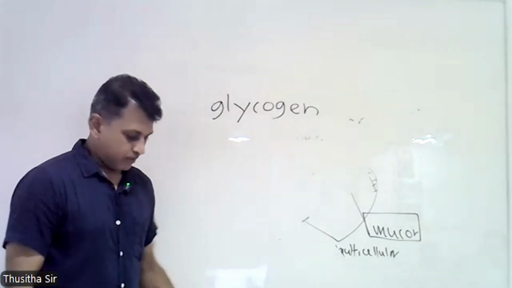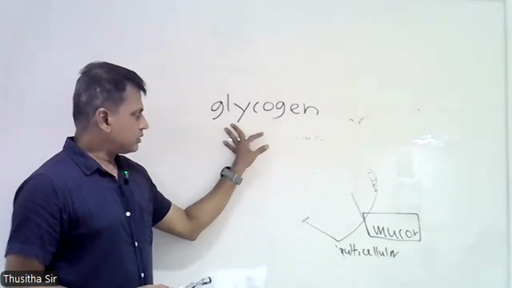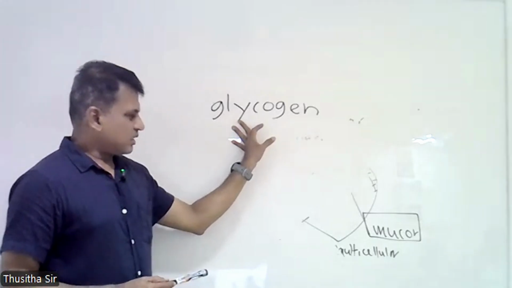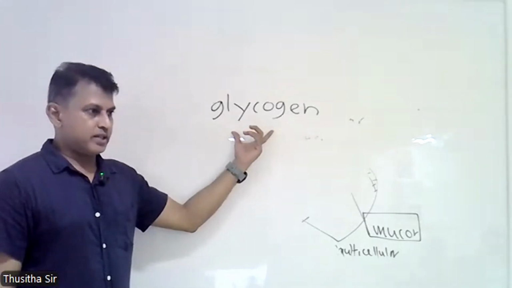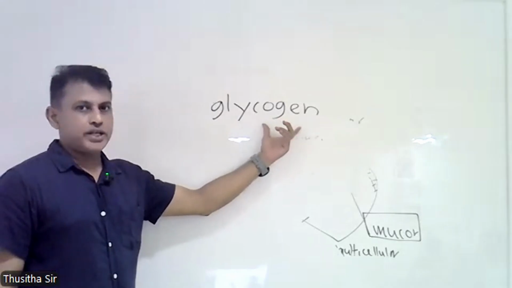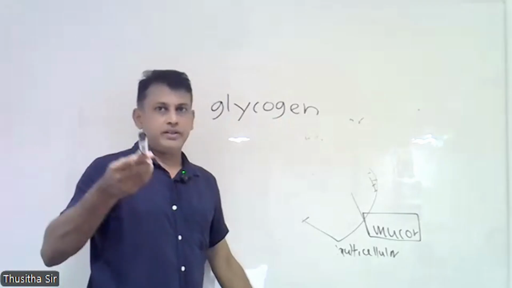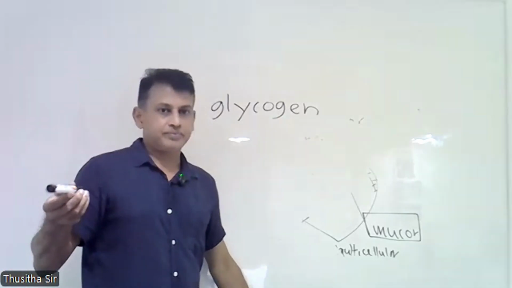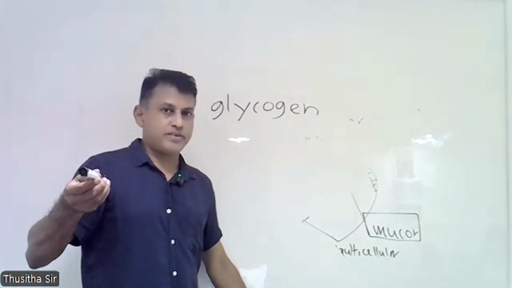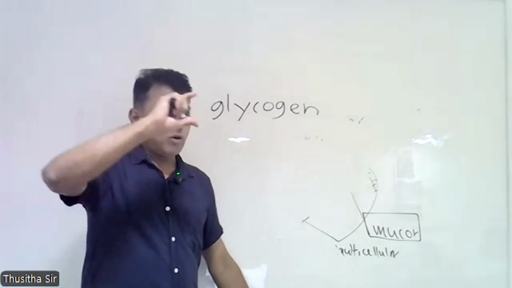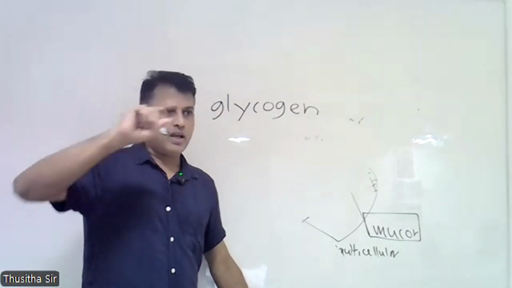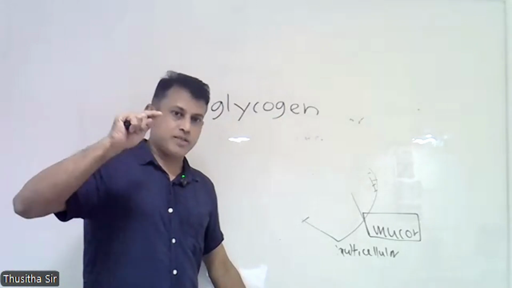Excuse me, sir. What is glycogen? The storage of carbohydrate. Glycogen is the storage form of carbohydrate. For example, the carbohydrate we eat, starch. Starch is an example of carbohydrate. So carbohydrate is a group of molecules, and under that, for example, starch.